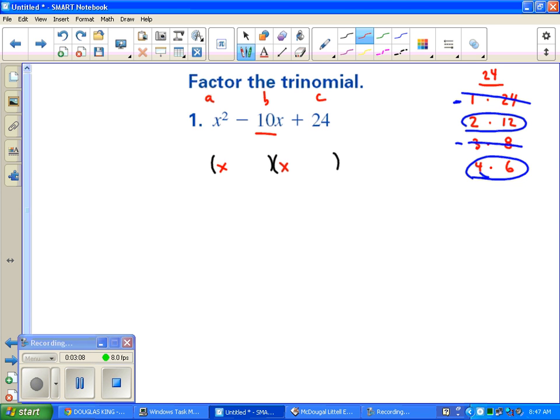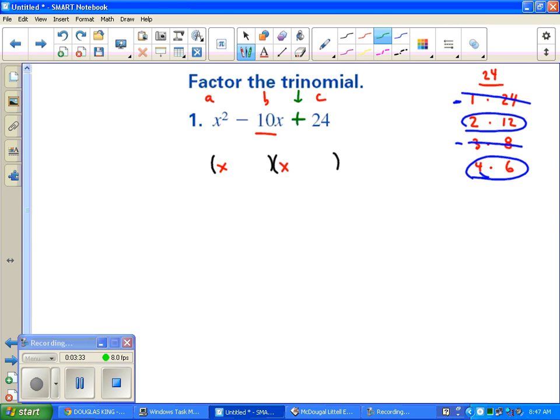X times x. This plus sign here tells us that both of our numbers will either be positive or both of them will be negative. They won't be opposite. One won't be plus and the other minus. They'll either both be plus plus or both minus minus.